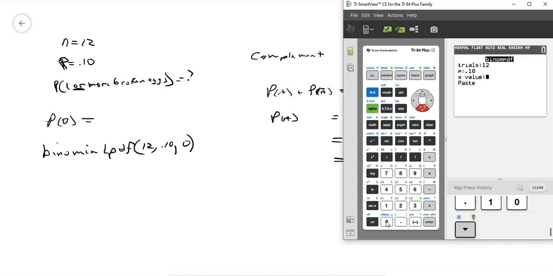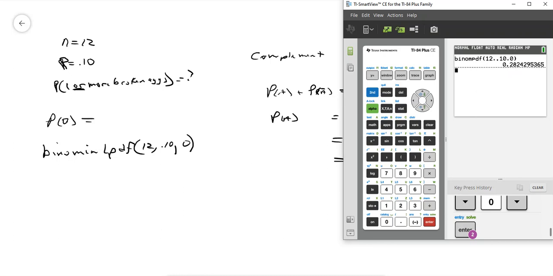We want to know 0. Paste. So you'll see there's what we've got here. Plugged it in, and we hit enter, and we get 0.2824. We're just going to say 0.28. It's close enough.